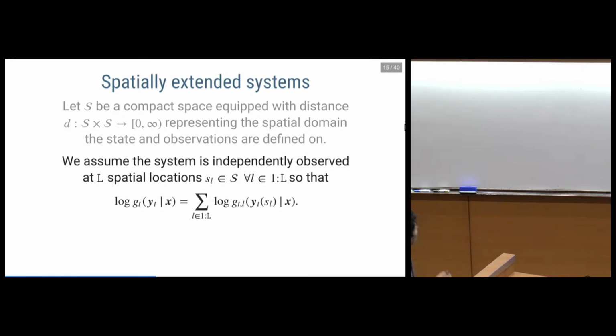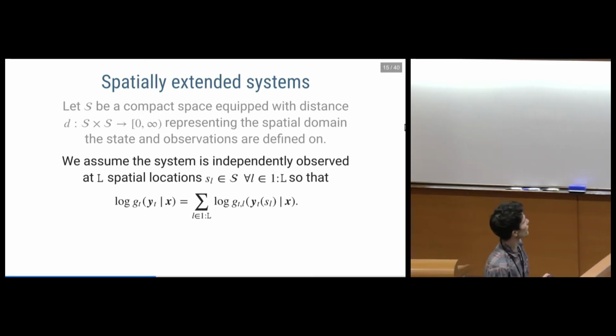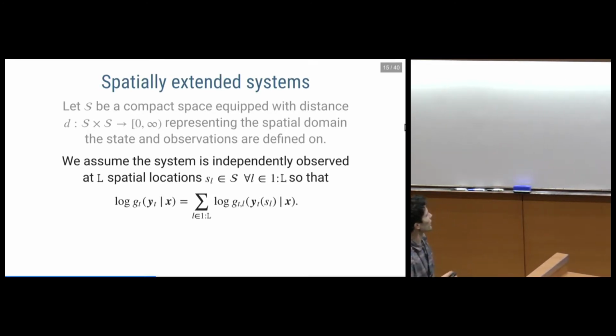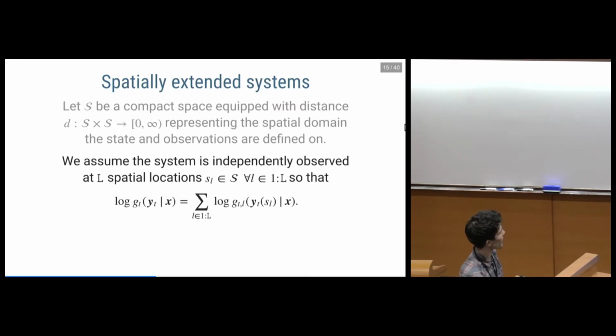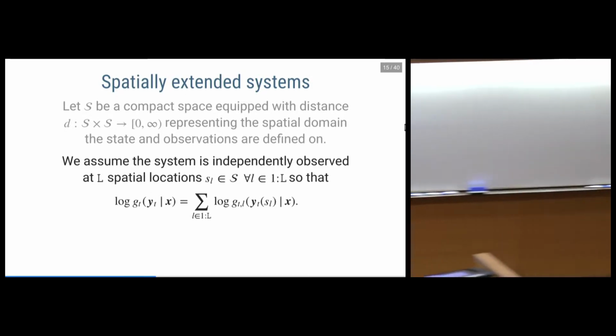We make the relatively weak assumption that the observations are independently observed at L spatial locations. So basically we can attach some spatial location to each observation, and given the current state, all of those observations are independent.